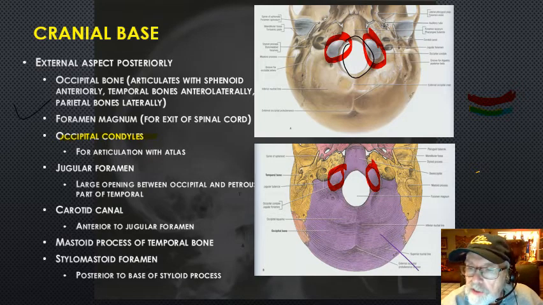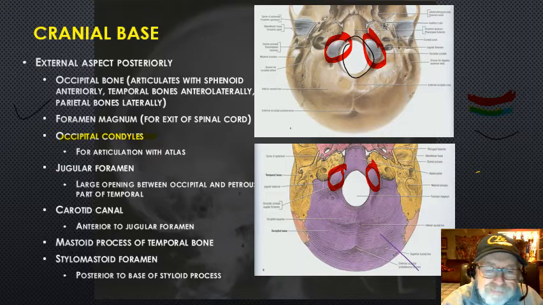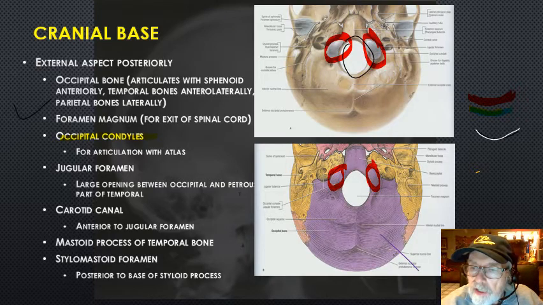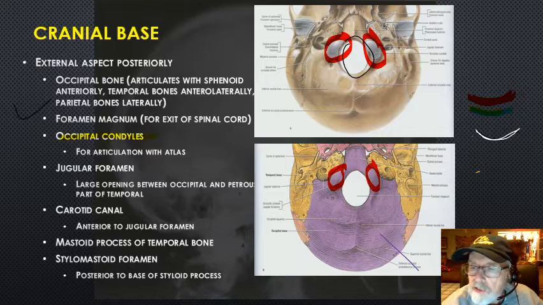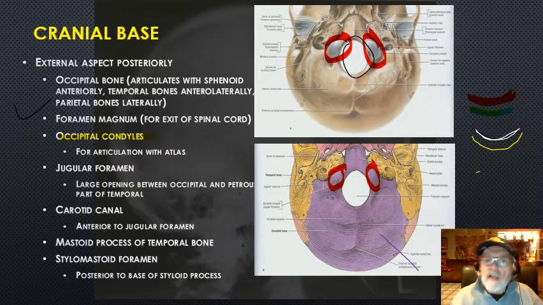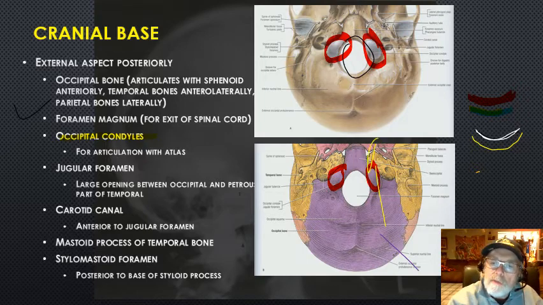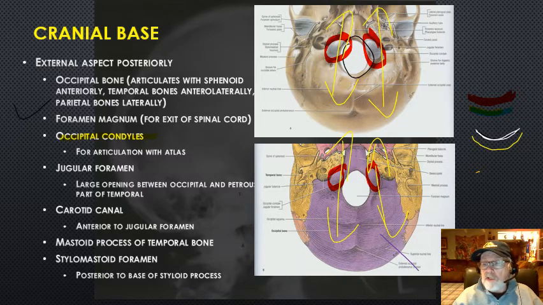Okay, so the occipital condyle is round, and that's going to meet with the articular surface on the atlas, which is concave. Because they're oriented in an anterior-posterior direction, the condyles and the facet, which are both lined with articular cartilage, allow the head to move in a sagittal plane.